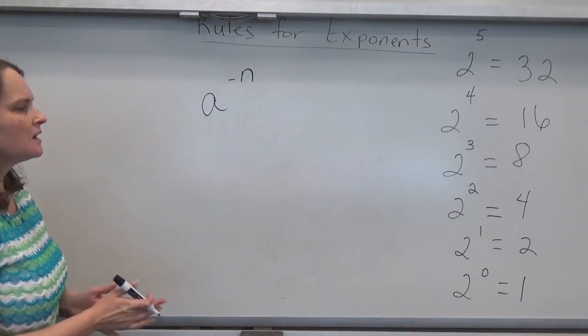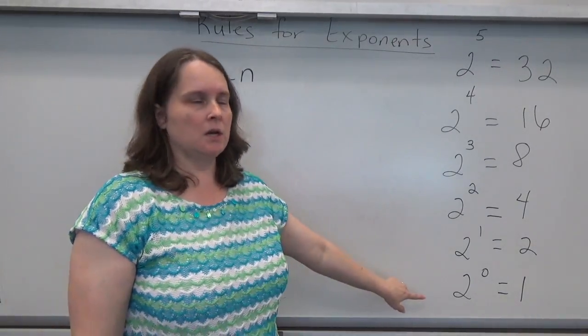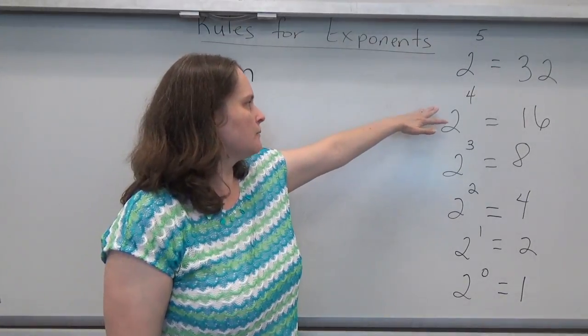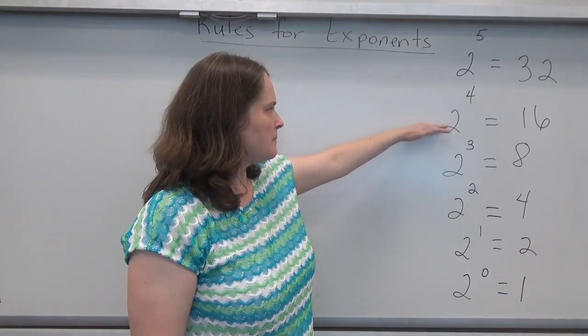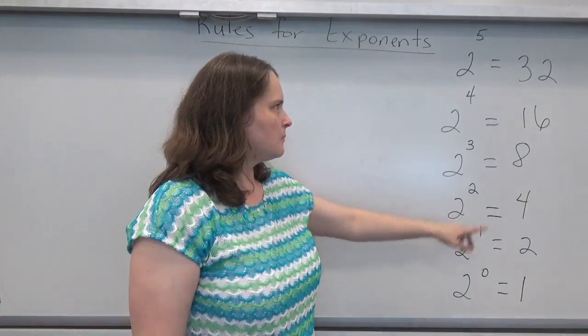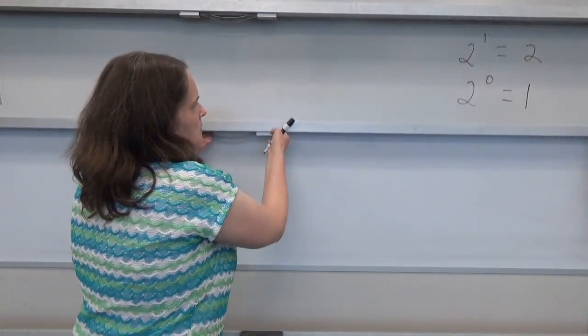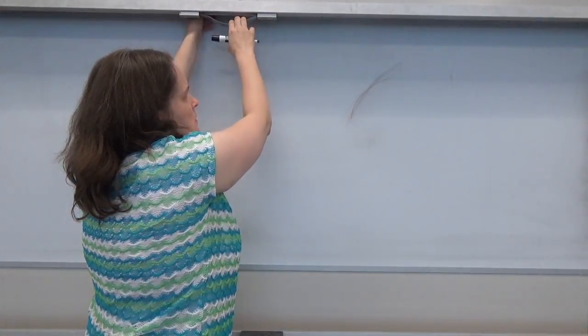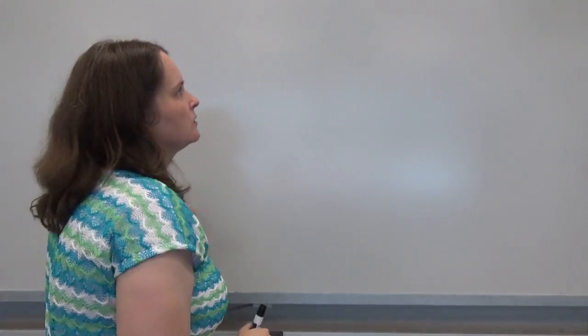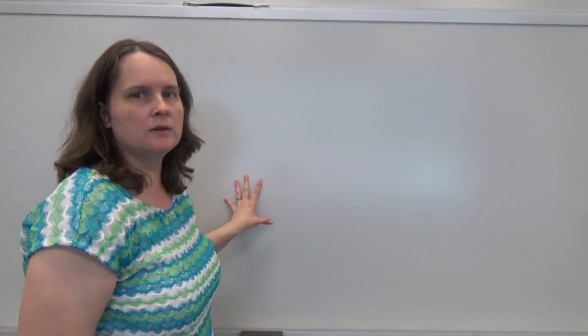But again, look at the pattern that we saw over here. If we're working with base 2 like we saw earlier, each time I divided by 2. So I'm going to move my board for a moment and continue with this pattern that we saw.